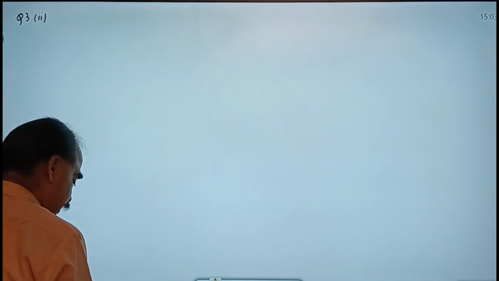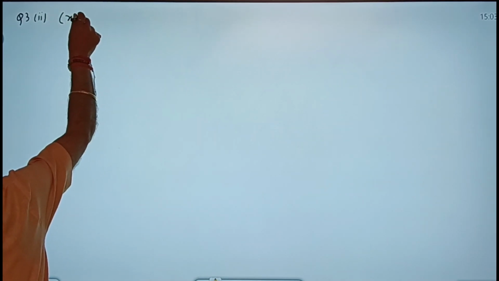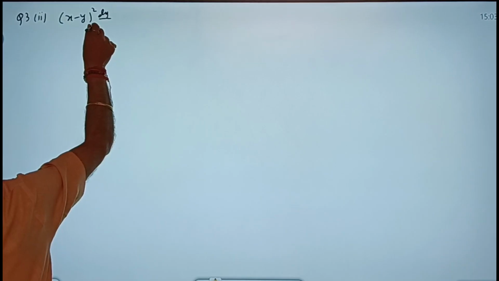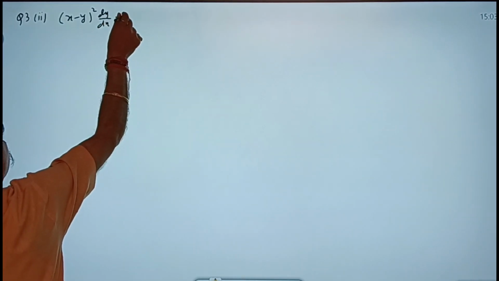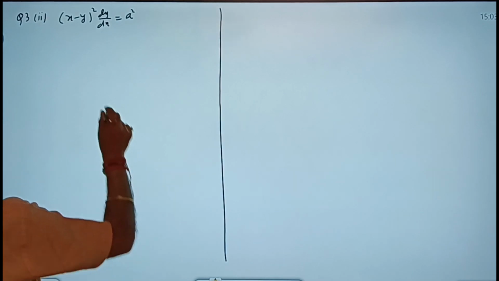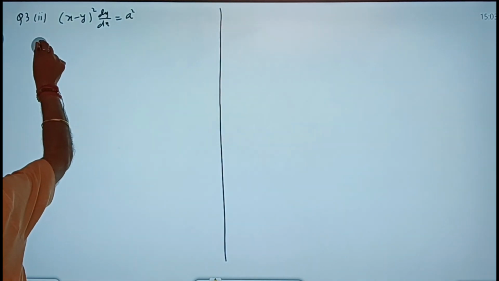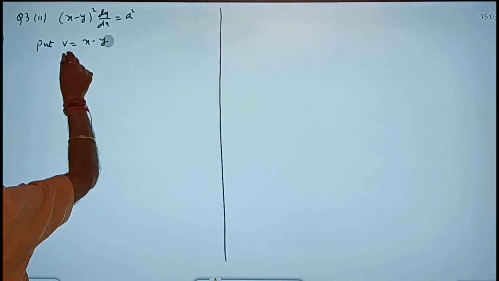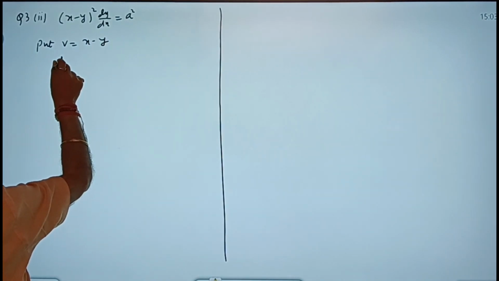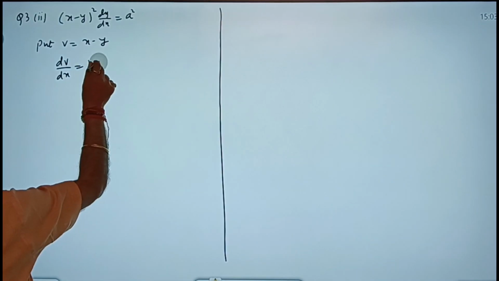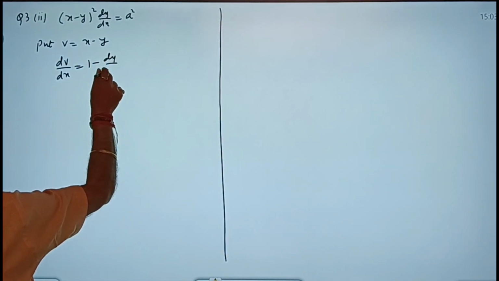x minus y whole square dy by dx is equal to a square. Put v is equal to x minus y. dv by dx is what? 1 minus dy by dx.